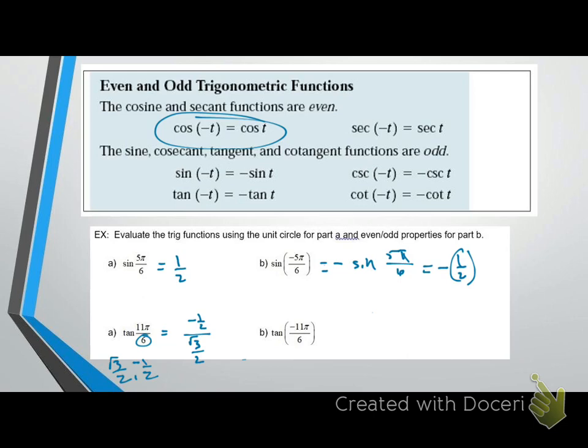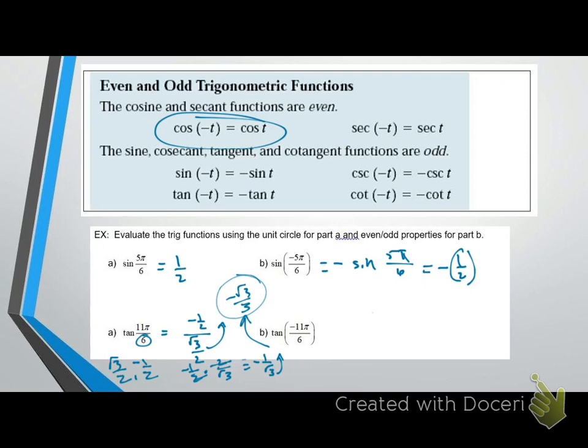And now we've got to flip this guy over, so negative 1/2 times 2 over radical 3, divide those out. We get negative 1 over radical 3, and then rationalize. So we end up with negative radical 3 over 3. It's kind of crazy. Okay?